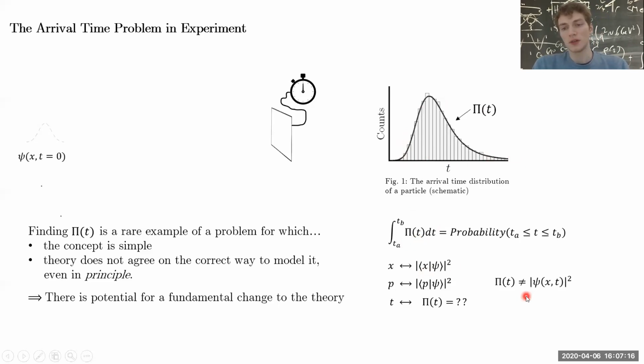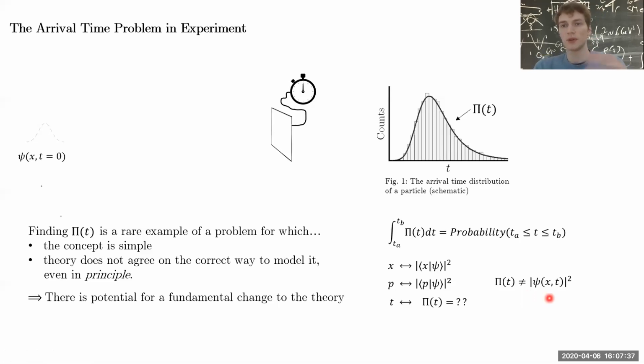Okay, so what exactly is pi of t? As I mentioned, when explaining this problem to other physicists, one common reaction is, well, isn't pi of t just somehow the Schrödinger evolution of the particle?